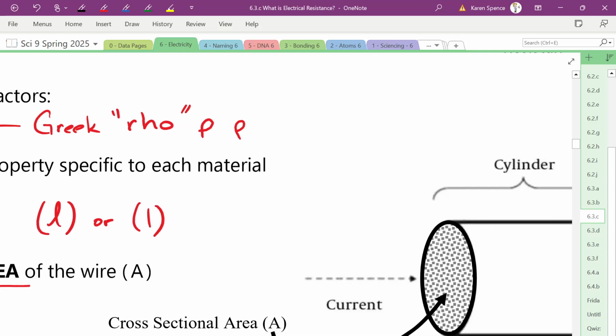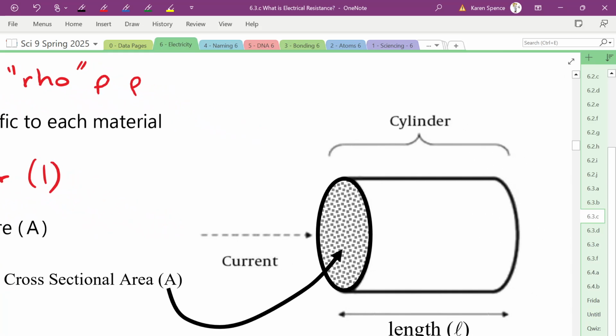Just in case you don't, what it means is if this is our wire, this right here, like if we cut it away, the area there, that is our cross-sectional area.